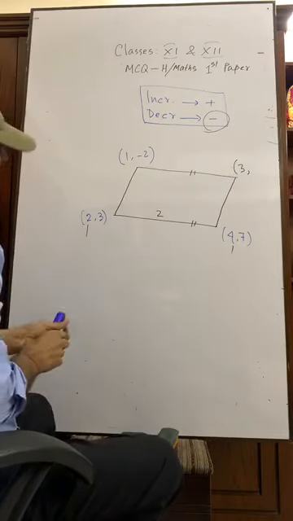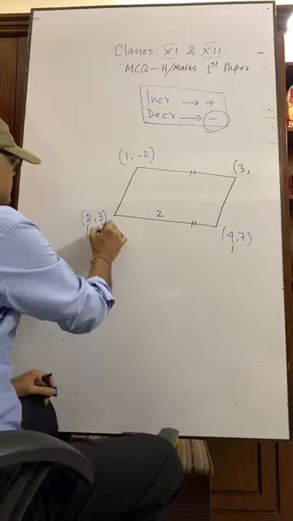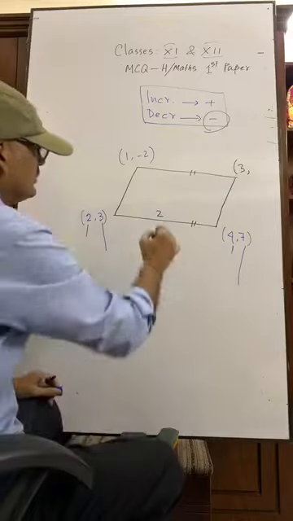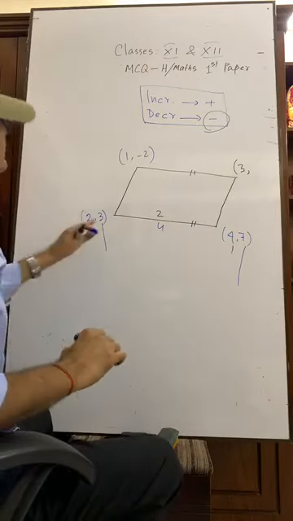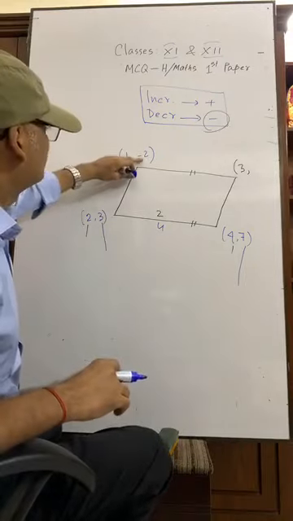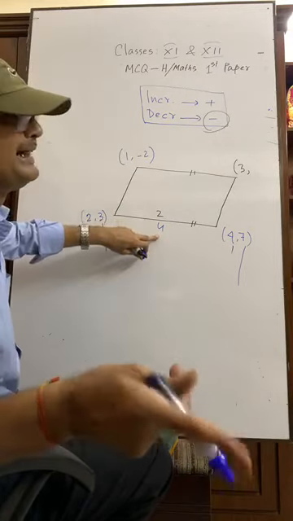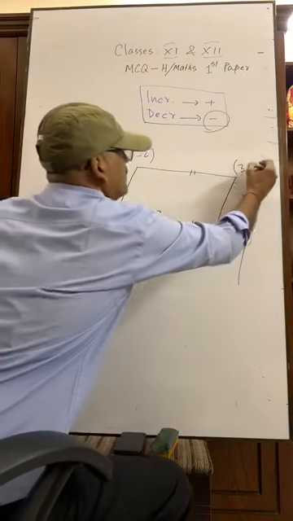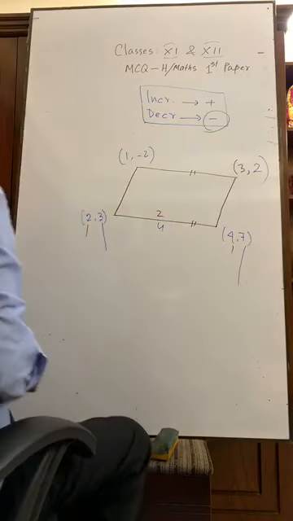Again, what is the difference between 3 and 7? It is 4. Increasing means addition. So minus 2 plus 4 equals 2. That is done.